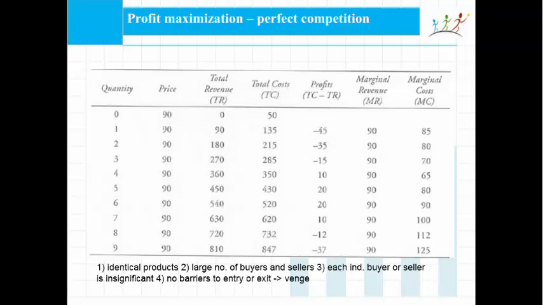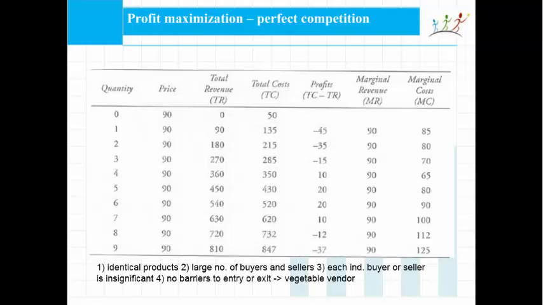So our vegetable vendor on the street or in the market is a good example of perfect competition. Each individual buyer or seller is insignificant. No barriers to entry or exit, large number of buyers, large number of sellers, and they're all selling identical products.